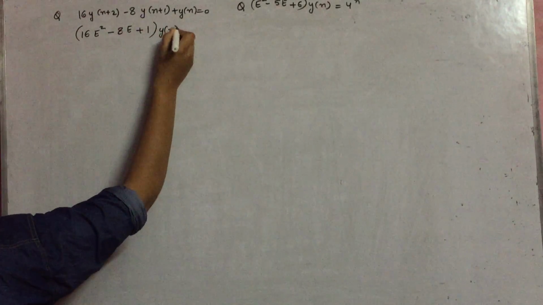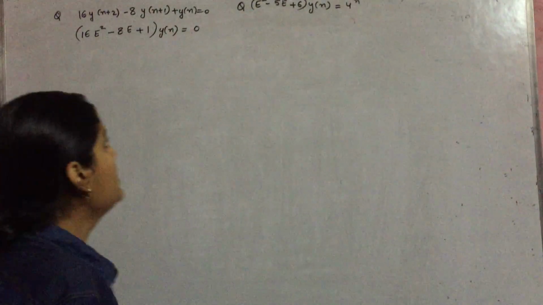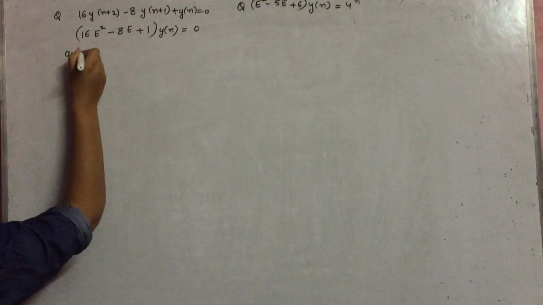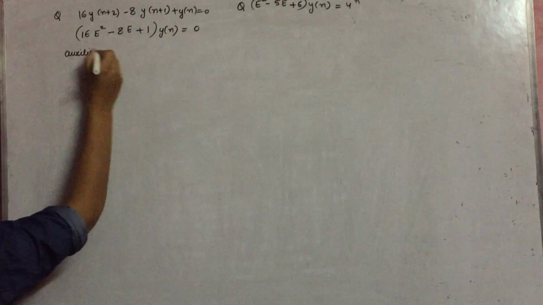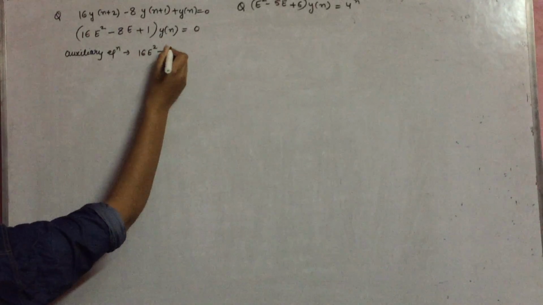This is the equation for the dependent variable y. Okay, so your auxiliary equation becomes 16E square minus 8E plus 1.